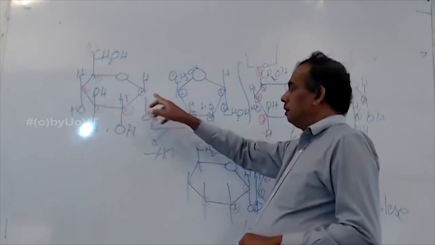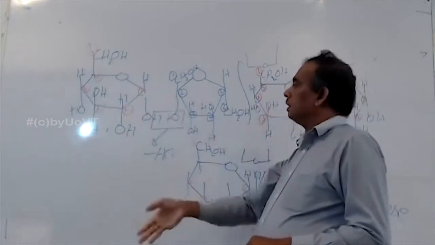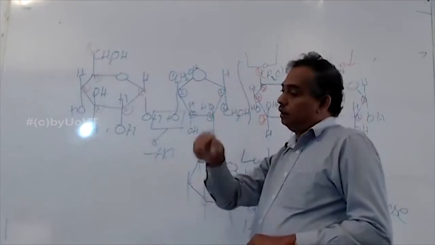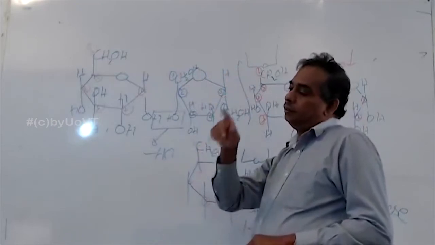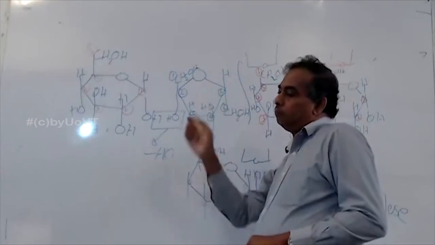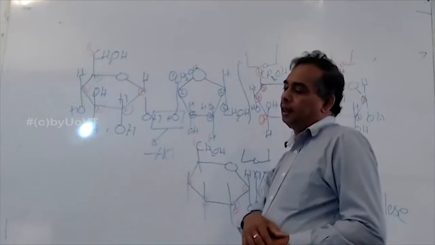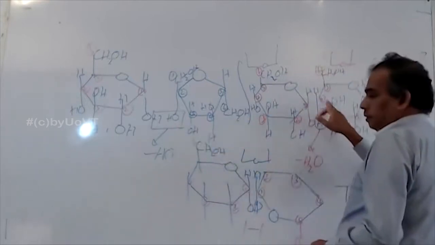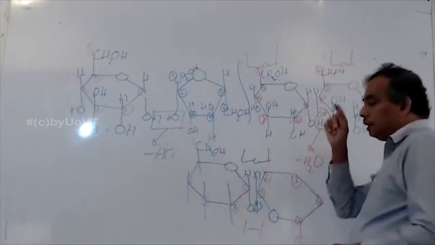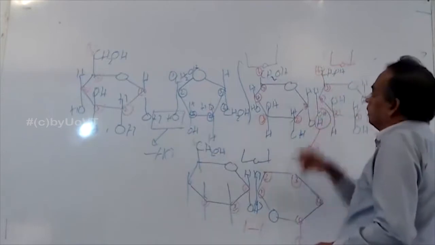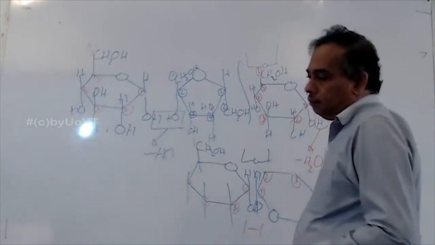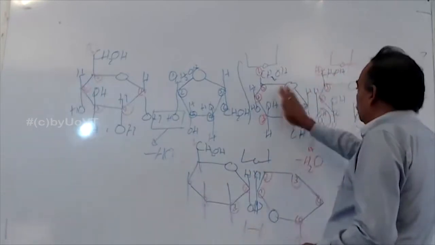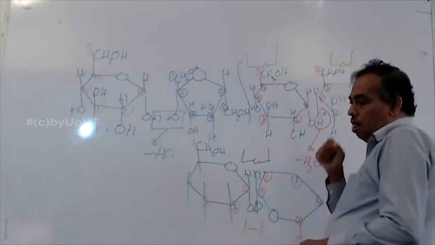In galactose, again, the first carbon is the carbonyl carbon, but in lactose, the first carbon of the glucose is joined with the fourth carbon of the galactose. Fourth carbon means this kind of carbon. That means the linkage is the same as in maltose, but the only difference is that this one is galactose, and this one is glucose.